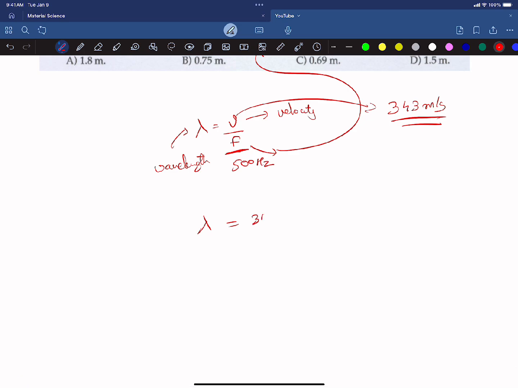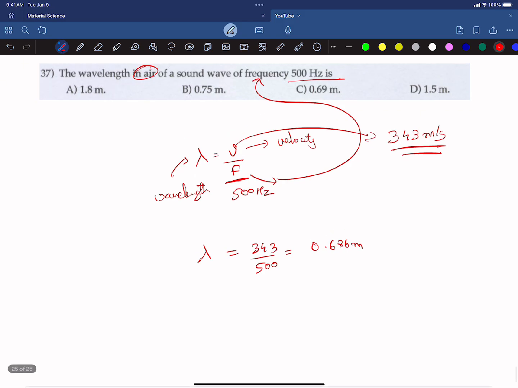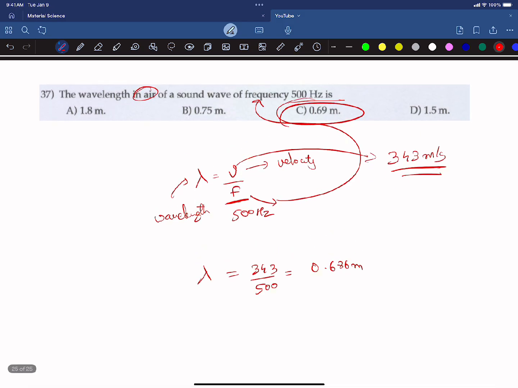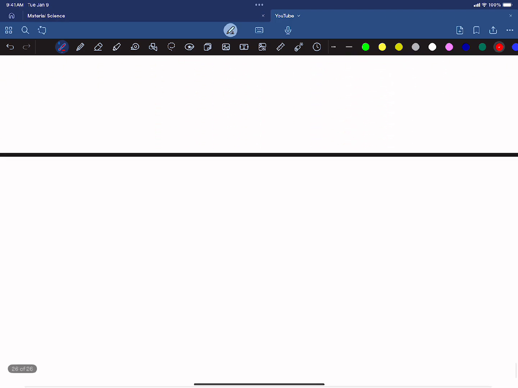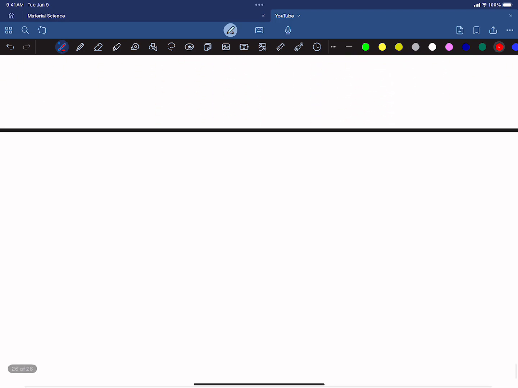So 343 by 500 will give you 0.686 meter. So our answer is C. When you round off this digit, it will become 0.69 meter. Let's move on. Next question.